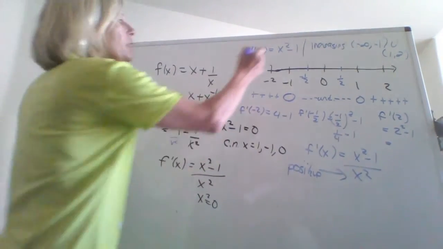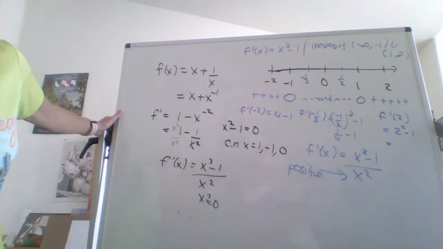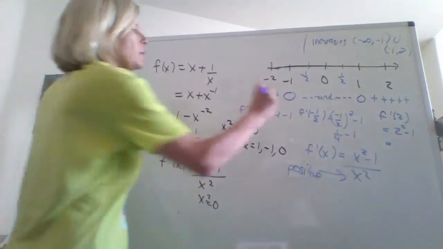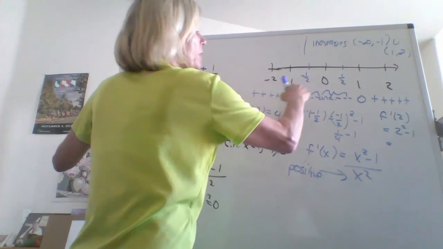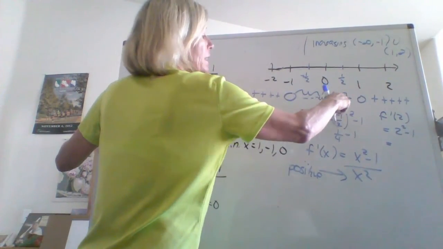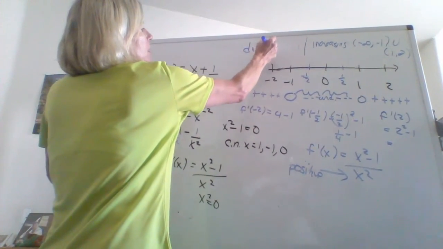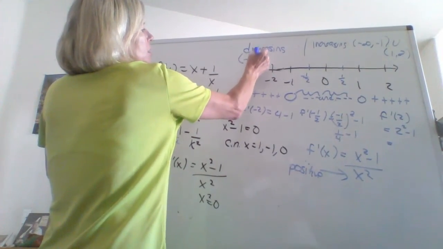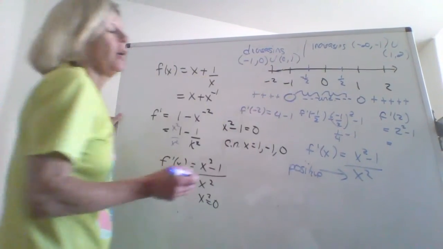My function is decreasing from negative 1 to 0, and from 0 to 1. So decreasing, negative 1 to 0, union 0 to 1.